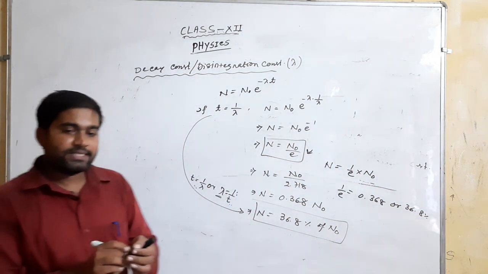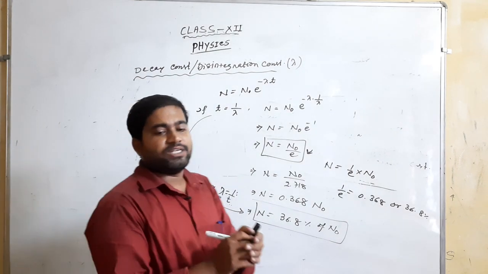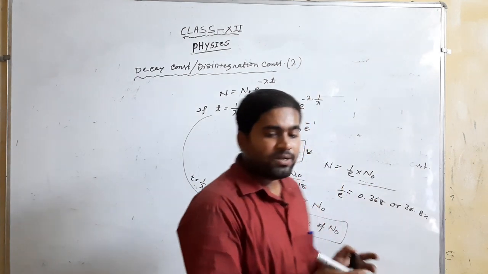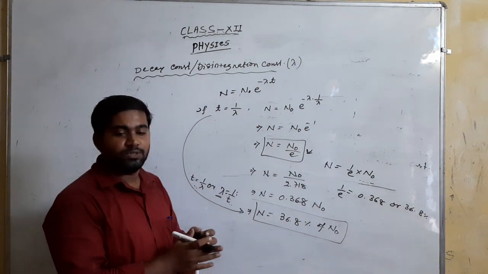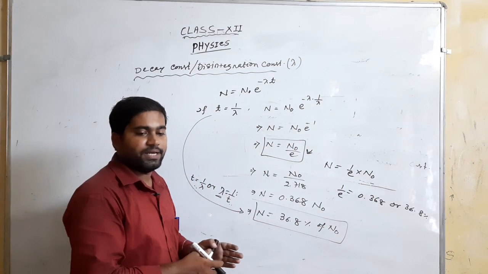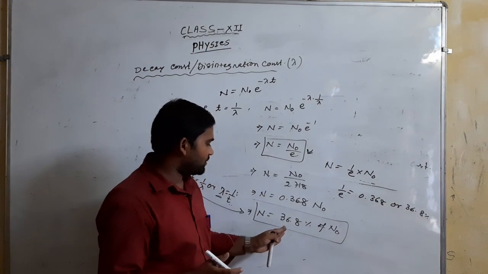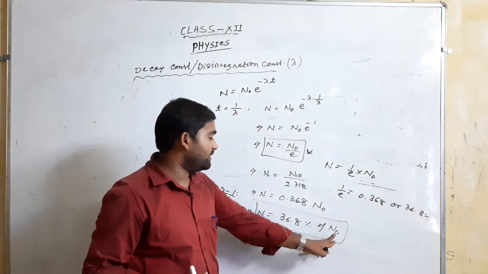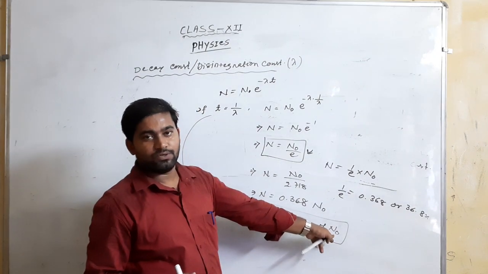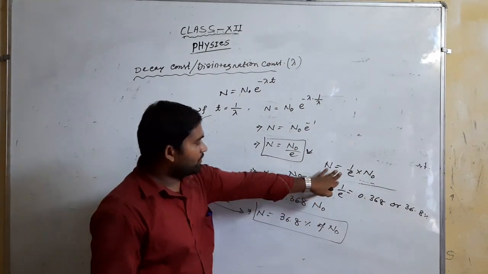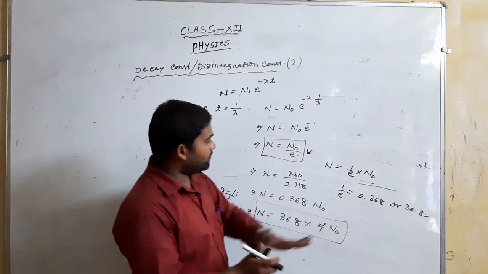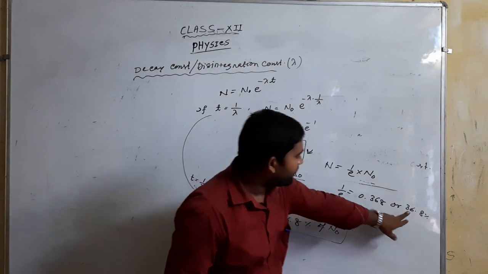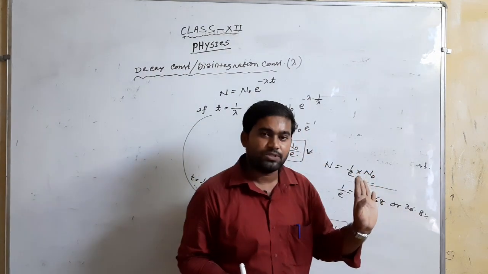So the decay constant is the reciprocal of time during which the number of nuclei in a given sample reduces to 36.8% of its initial value, and the initial value is N naught. Again, one variation is 1 by e, and 1 by e value is 36.8%.